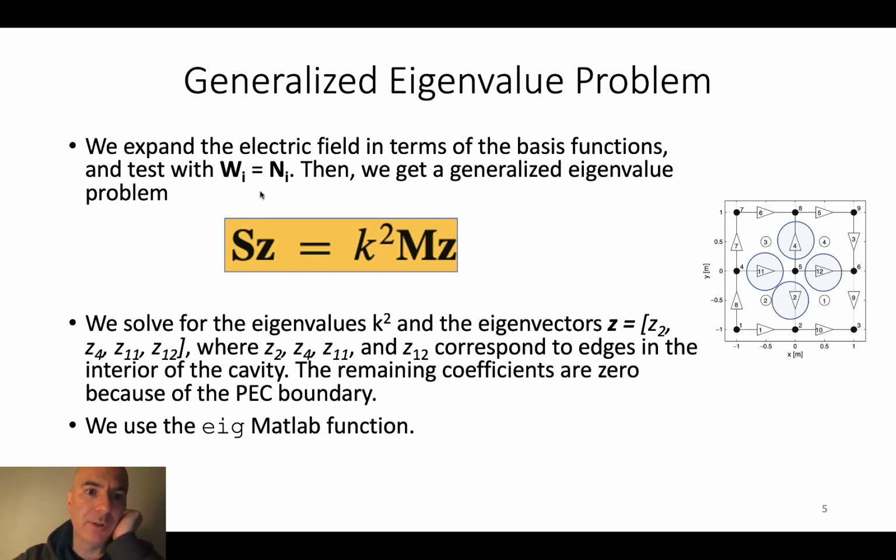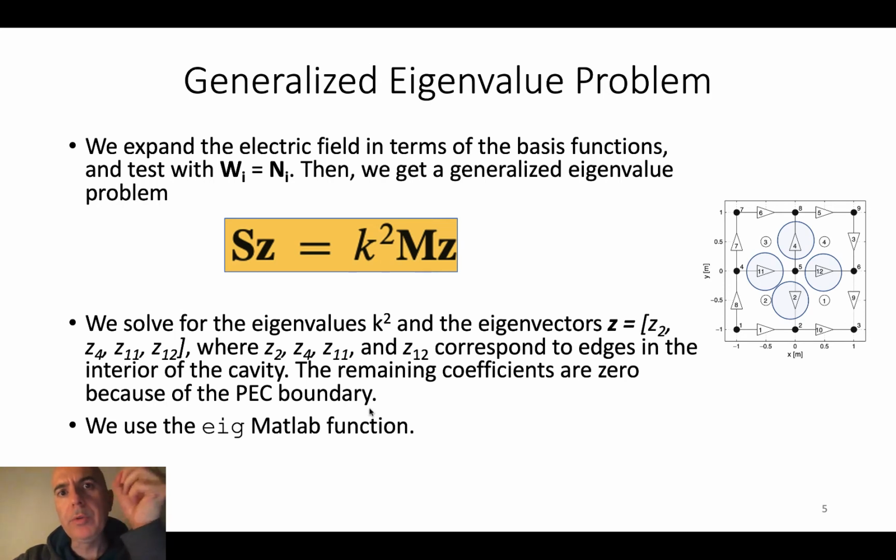So how do we solve this? Well, the issue here is basically to form this matrix S and this matrix M. When we have the values for the matrix S and the matrix M, we can solve this equation by calling the eig MATLAB function.